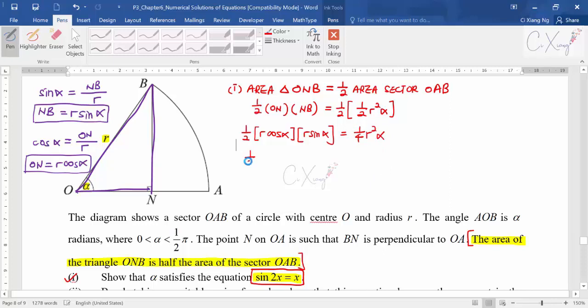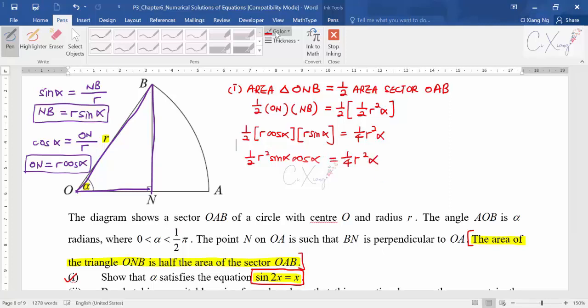If I simplify everything, I have half R squared sin alpha cos alpha equals 1 over 4 R squared alpha. Looking at this equation now, I can simplify some things: R squared and R squared can be cancelled.